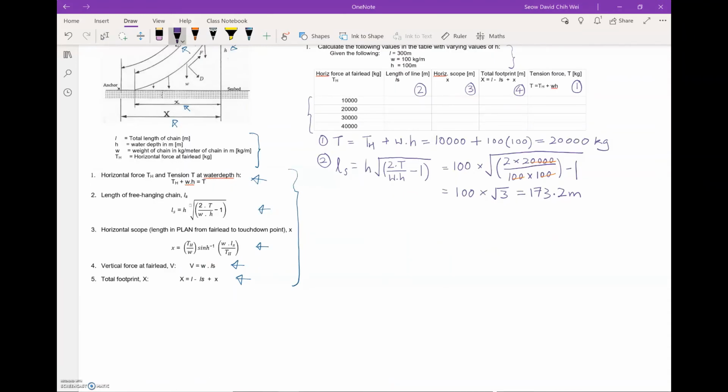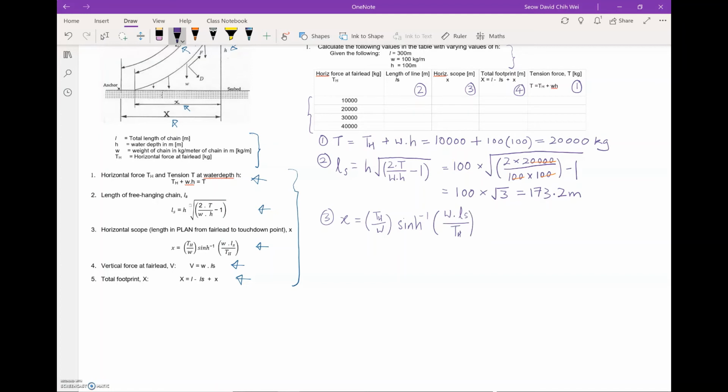Let's look at number 3. Number 3 is the horizontal scope X, and it's given by the equation X equals TH over W times the inverse hyperbolic sine function of W multiplied by LS over TH.